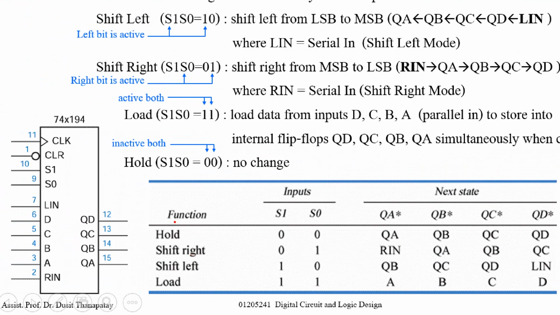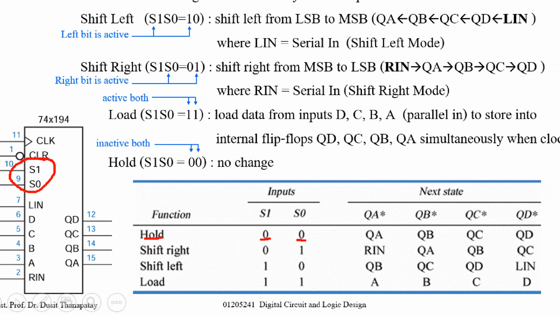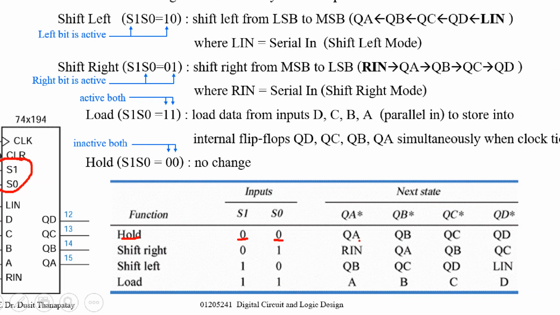You can select by applying 2 bits at S1 and S0. If S1, S0 is 00, both are not active. It's hold mode. That means after the clock tick, the values at QD, QC, QB, QA, nothing changes. They stay the same.